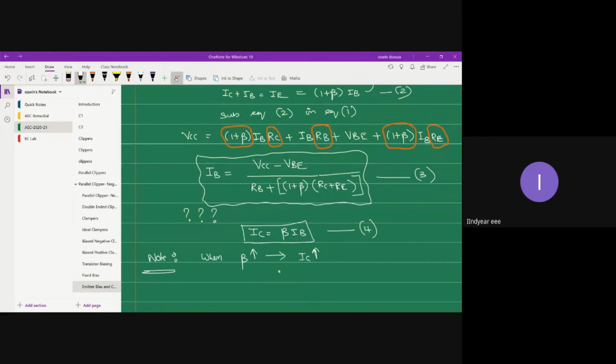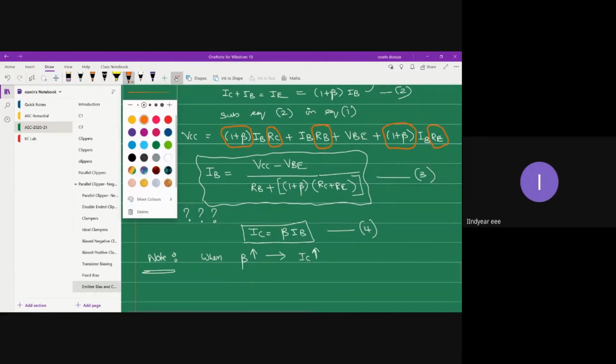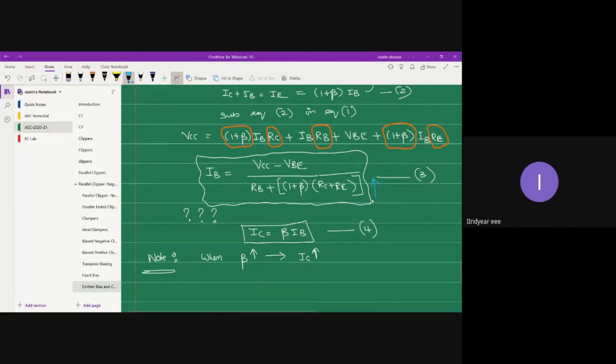But in the meantime, what will happen with the increment in beta value? The denominator term increases, so your base current decreases. Even in case of collector to base bias, when beta increases, as per equation 3, IB decreases.